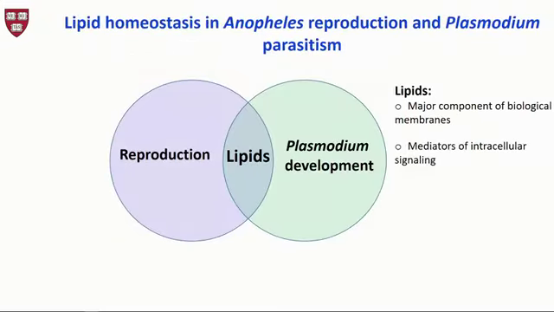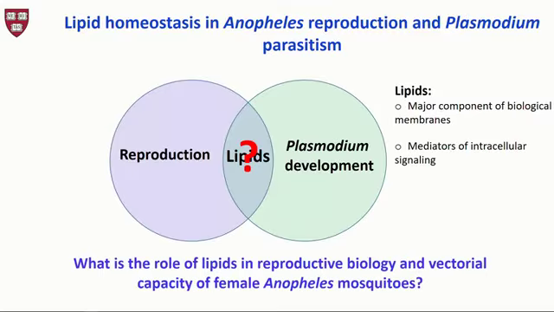While lipids are a major component of biological membranes, and among other functions, they are also mediators of intracellular signaling. So it is obvious to then ask the question, what is a possible role that lipids might have in these two physiologically coupled processes?